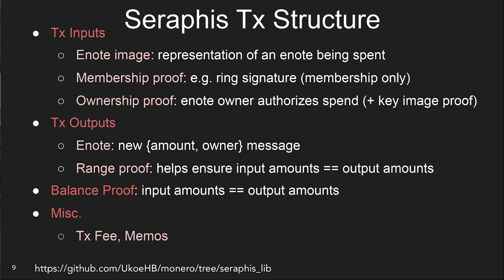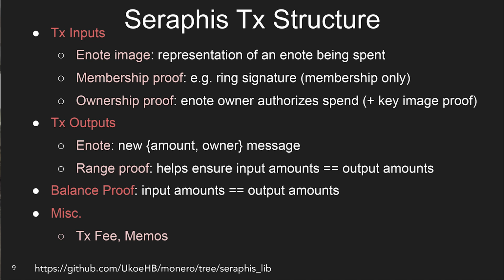The next part is the transaction outputs. As usual, we have e-notes, which are new amount owner messages, and the range proof, as usual, which helps make sure, like Sarang was talking about with amount overflows, it prevents amount overflows, which can lead to inflation. This is what we have with ring CT as well.